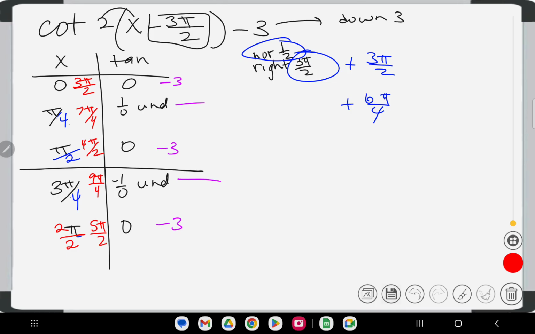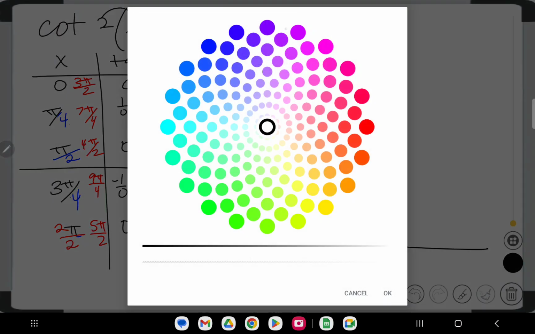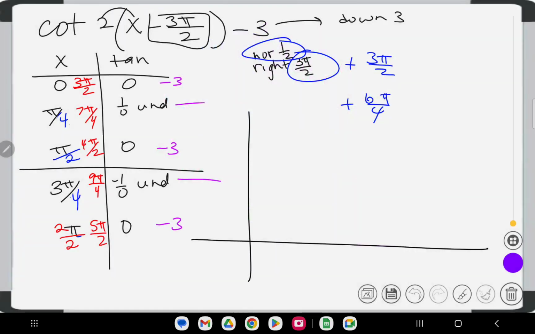Okay, now let's try and graph them. Oh, I almost hit erase all. That would have been crazy. Okay. I should make them all in 4s. Dang. Okay. Let's see.